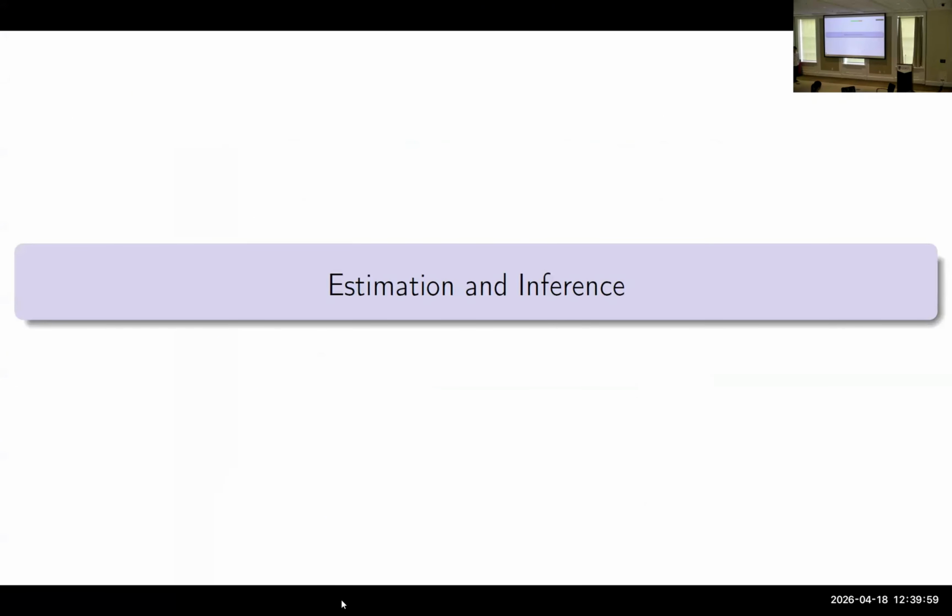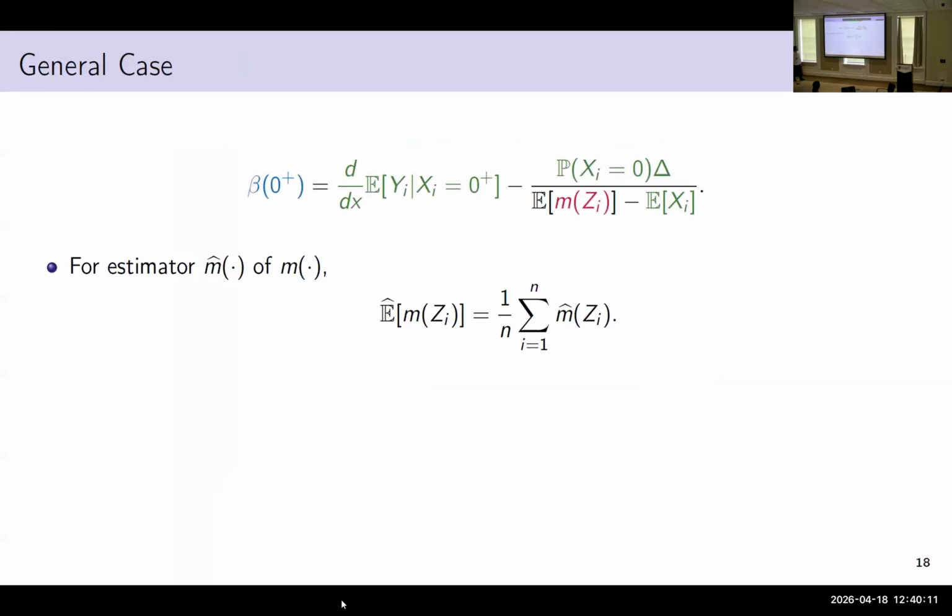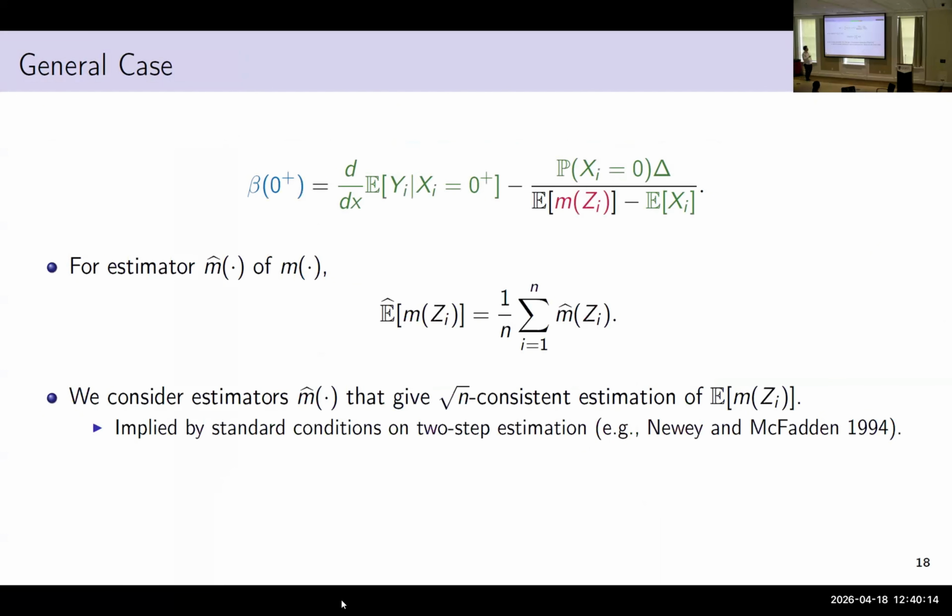Okay, that's identification. For estimation, I won't have anything super insightful to say. You just estimate M and plug it in. It's not much of a secret. In the paper, we consider estimators M hat that result in root N consistent estimation of the expectation.